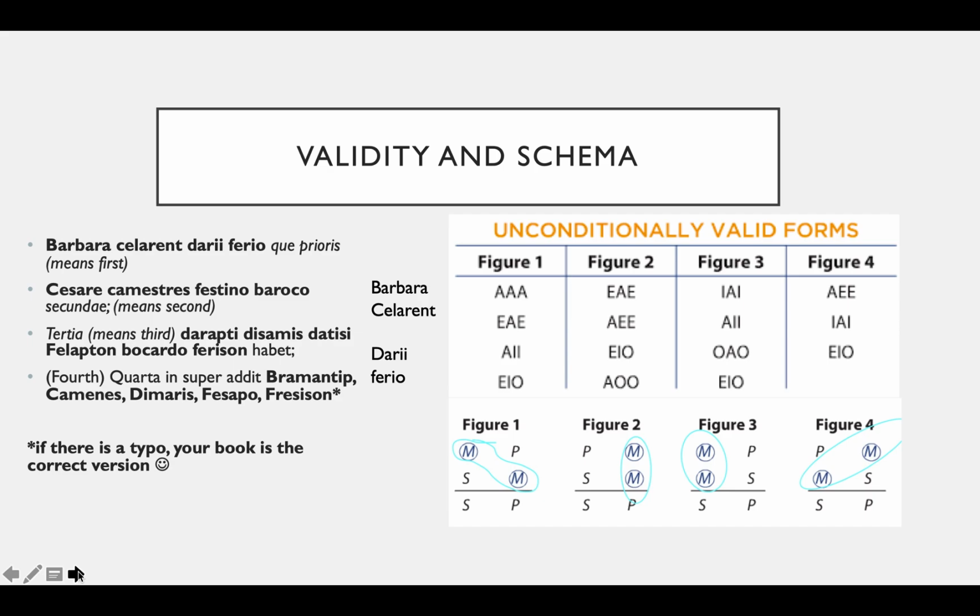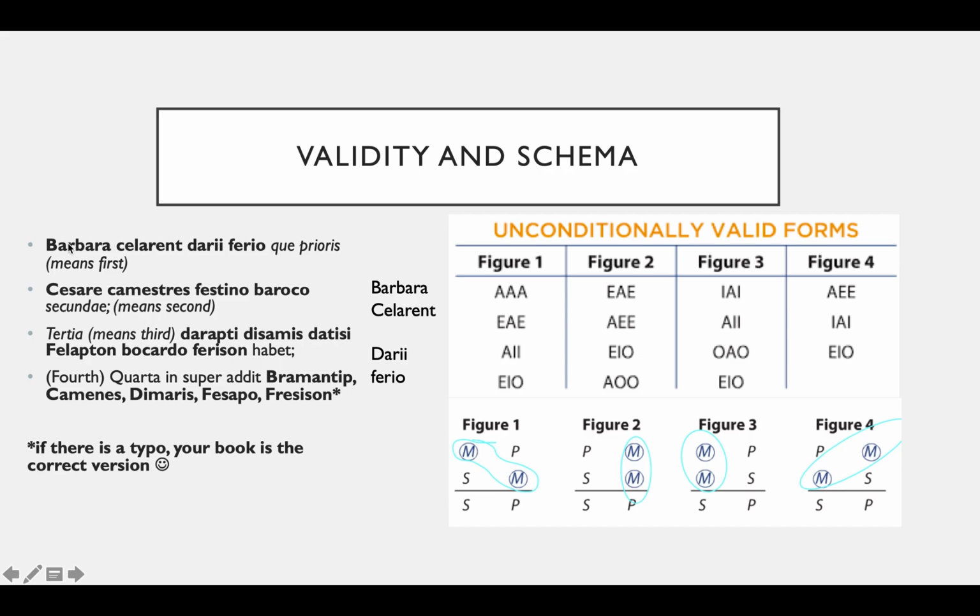It's not just the rules and that placement chart, but also the chant and the figure chart is another way to determine whether or not a syllogism is valid. Again, these words here give you combinations or moods of a syllogism, and the prioris, the secundae, that tells you what figure it is in.